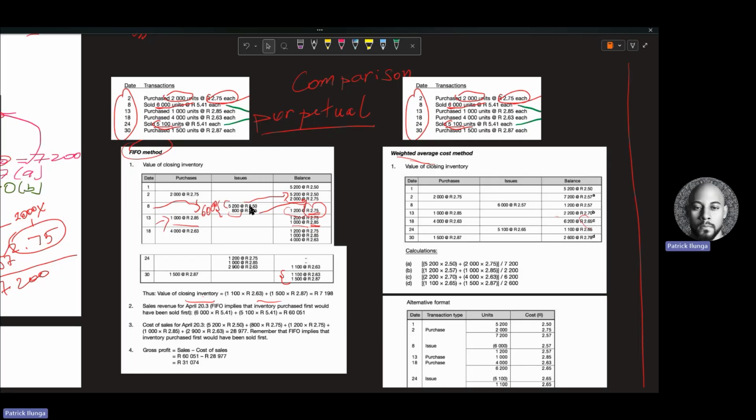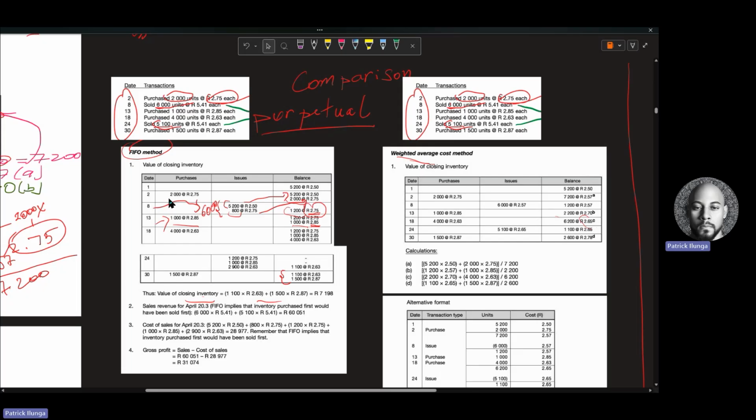So for 6,000 units, we deal first with the 5,200 units that came first, but we still are left with 800 units to get to 6,000 units. Because remember, our customer wants 6,000 units, right? We need to give them 6,000 units. So there are 800 units remaining, and we're going to take those from what came on the second.